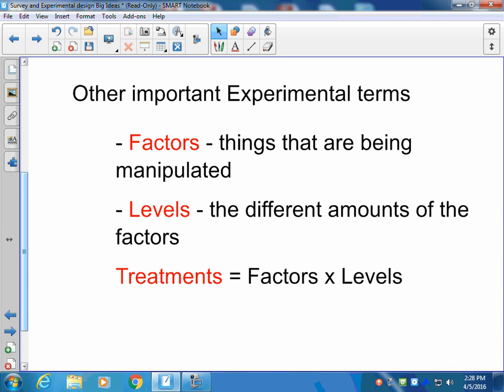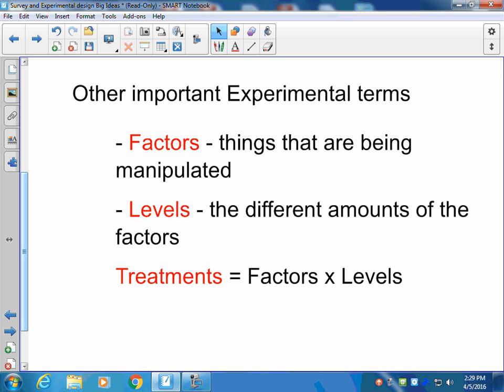Okay, one last term that we do also want to add in here is the idea of a confounding variable. Okay, a confounding variable is a bias term, and it is an outside factor that is actually causing some of the effect that you see in this situation.